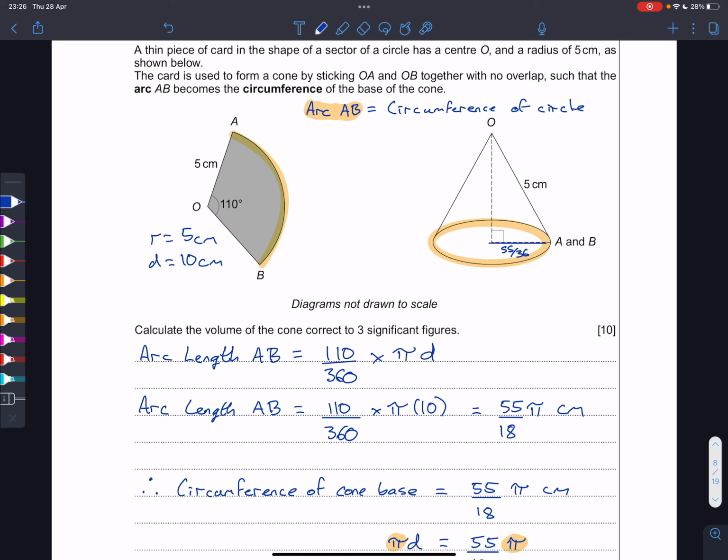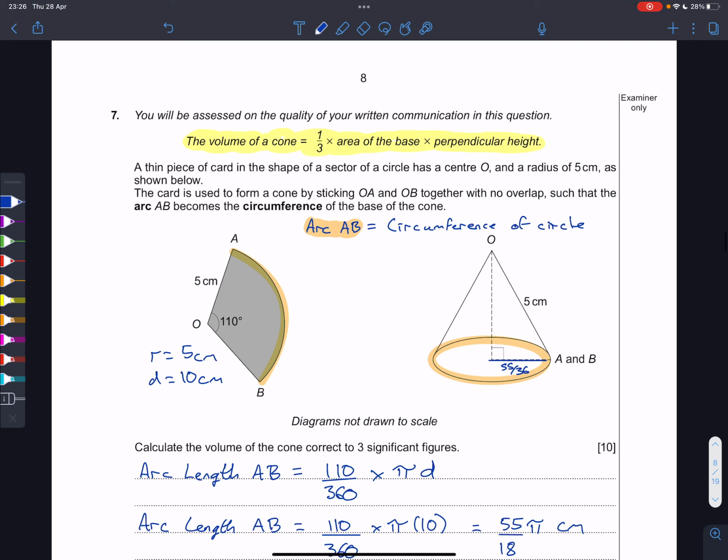Don't forget, if I want the volume of the cone, I need 1/3 of the area of the base. I can work out the area of the base now, because I've got the radius, but I also need this perpendicular height, which I don't have. So I now have to look at this triangle.